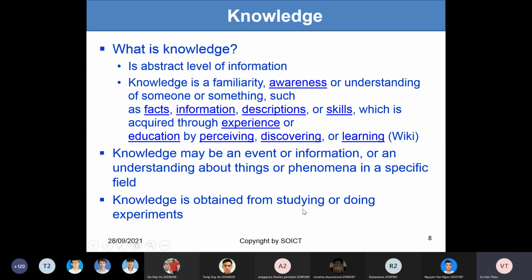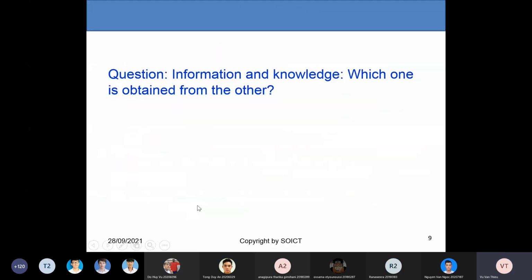Knowledge is obtained from studying or doing experiments. Okay. So the second question, information and knowledge, which one is obtained from the other one? So of course, knowledge is obtained from information.